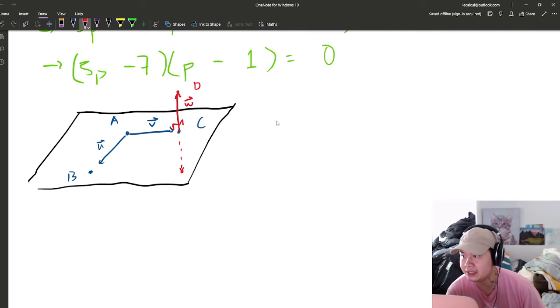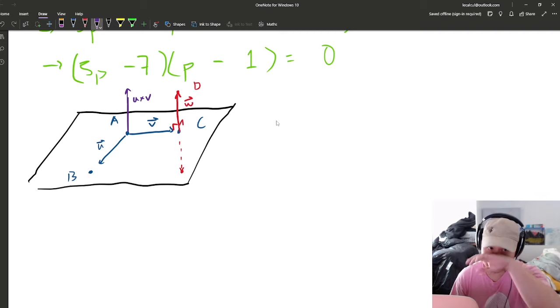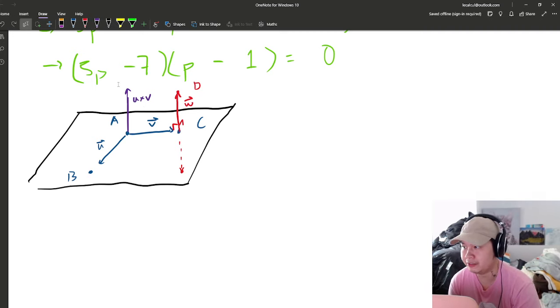Okay. That means that, don't forget, U cross V gives you a perpendicular vector, right? So U cross V and W are more or less going in the same direction.